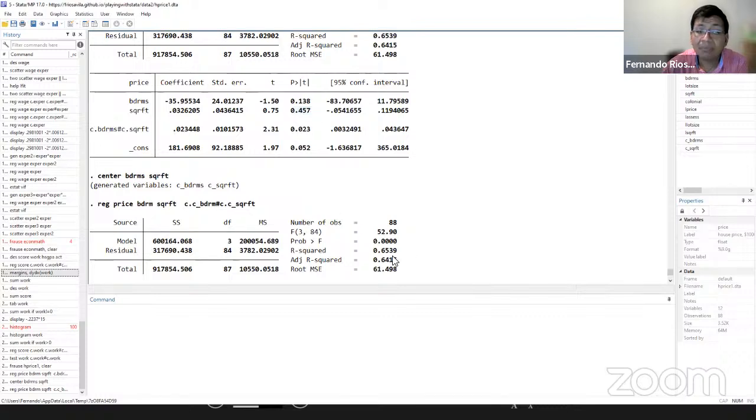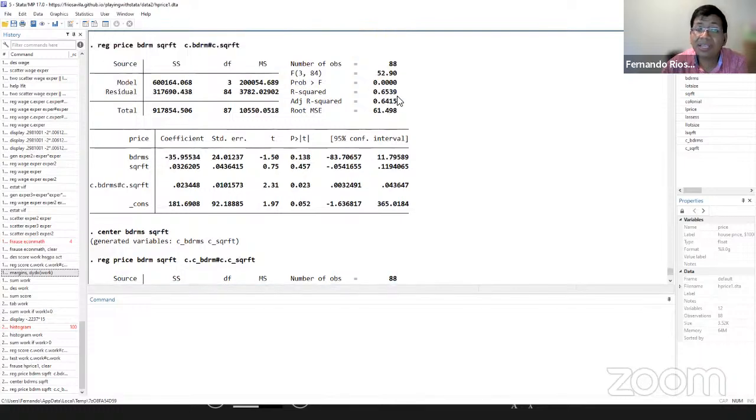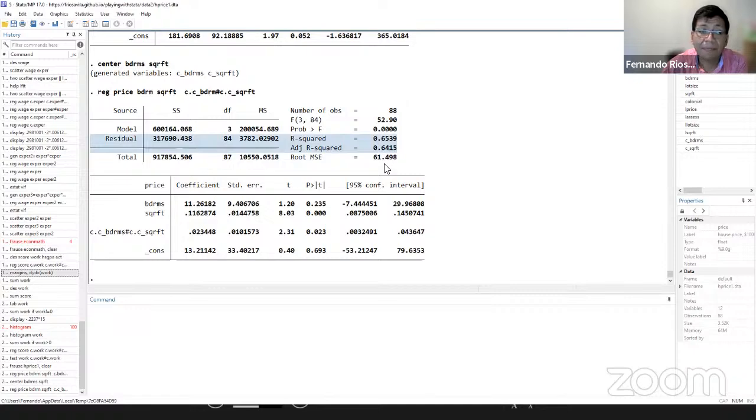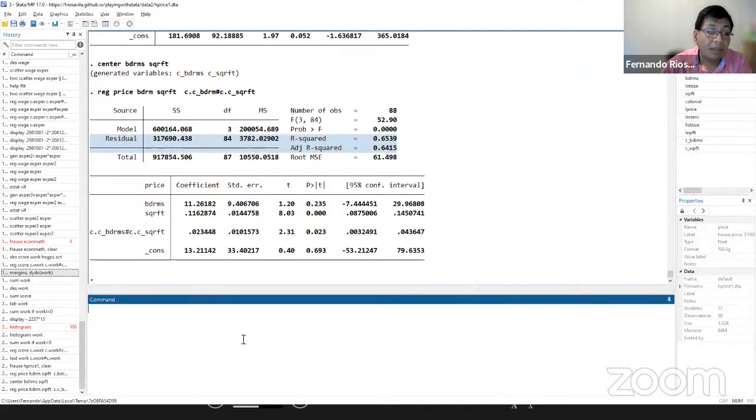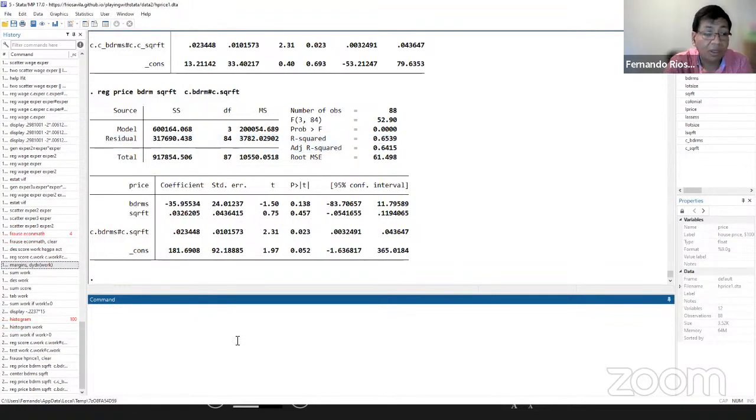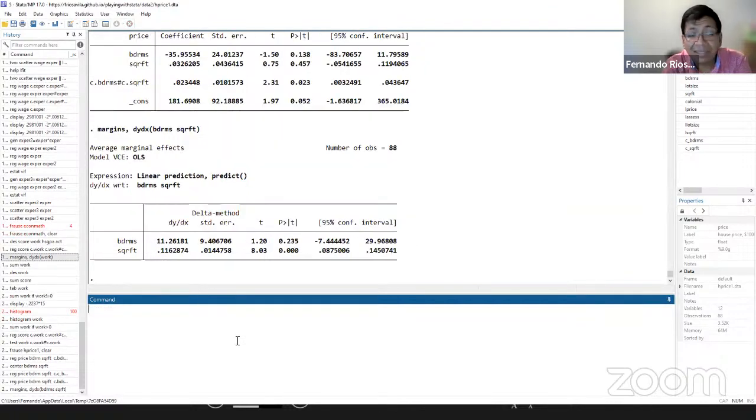Other than that, because I'm just using an affine transformation, the R squares remain exactly the same. And as an additional point, just to show you that this actually works, I could have just as well done this and asked Stata to construct the variables automatically and give them to me.